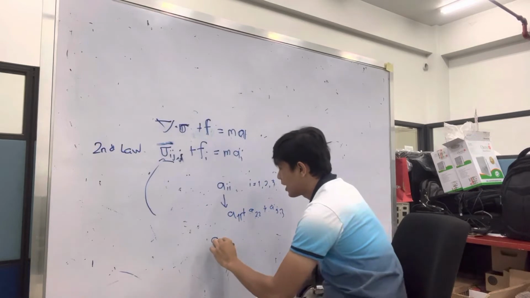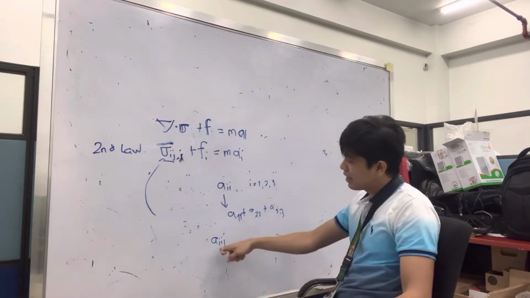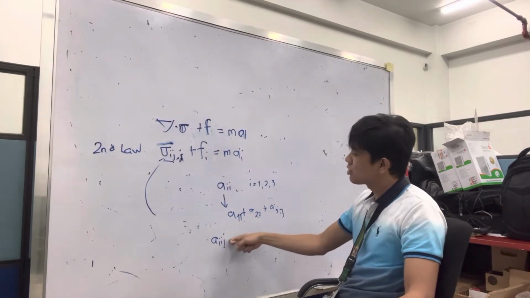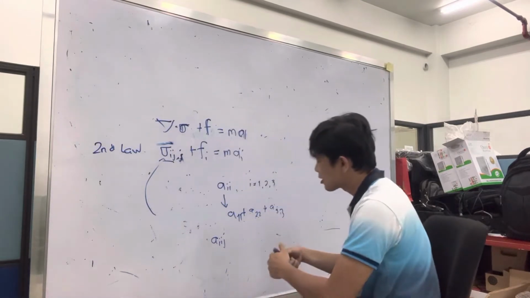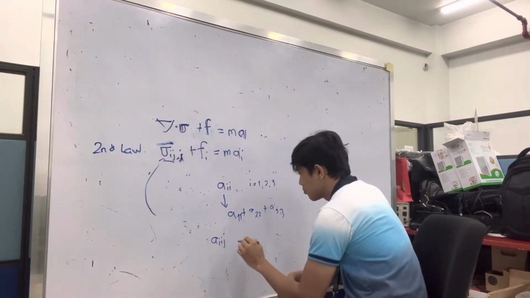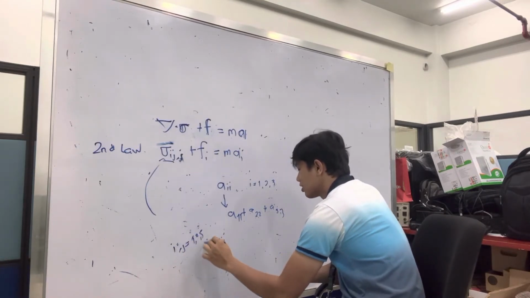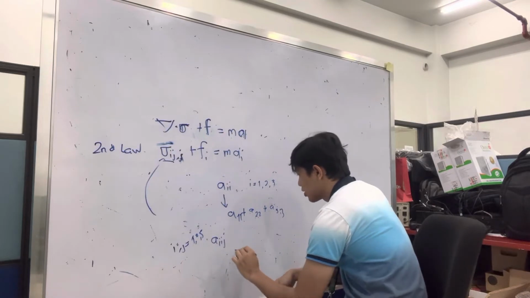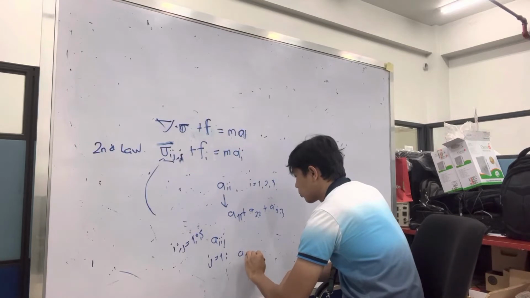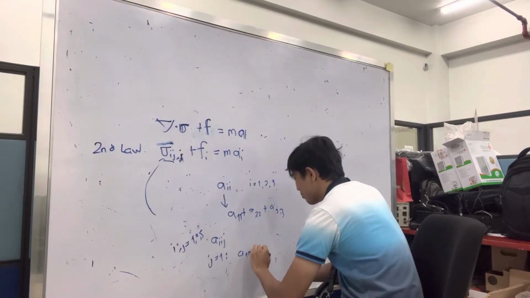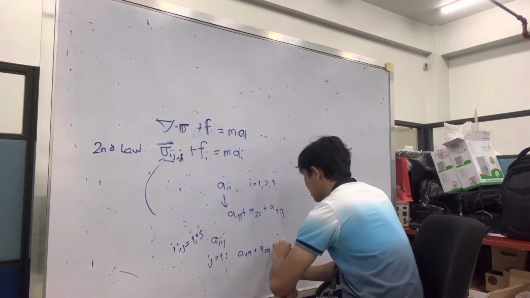If instead you have A ij, which is the dummy index? It is still i, but j is not a dummy index. So this actually expands to three notations, with i and j equal to 1, 2, 3. For j equals 1, you have A111 plus A221 plus A331.